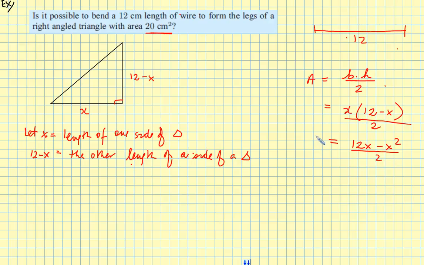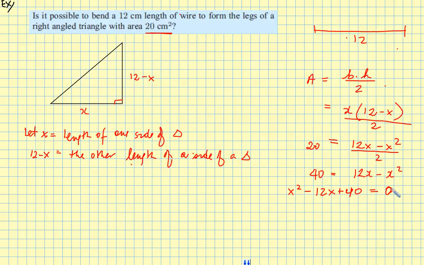And I know that my area is 20, because it was given. So, getting rid of the denominator, we say 40 is equal to 12x minus x squared, and bringing everything over to one side, we get x squared minus 12x plus 40 is equal to 0.